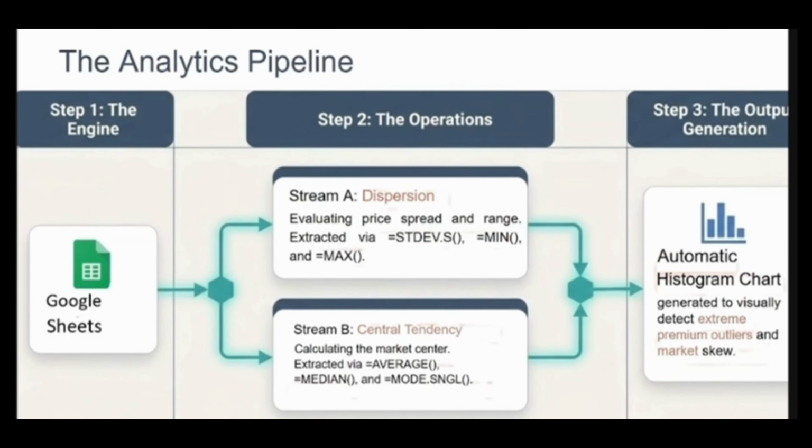Meanwhile, Stream B extracted metrics of central tendency, including the average, median, and mode. Finally, Step 3 automatically fed those outputs into a histogram chart so we could visually detect market skewness and outliers.